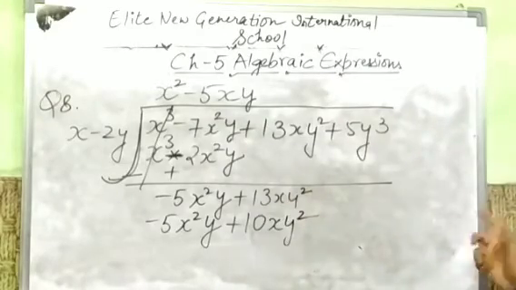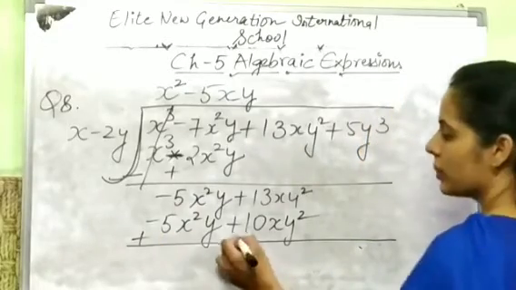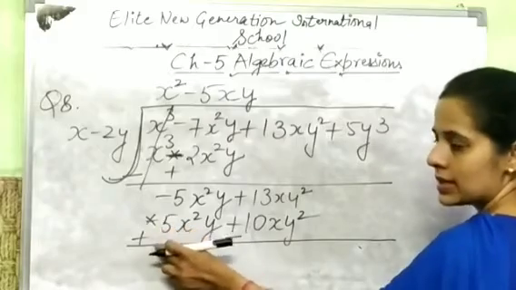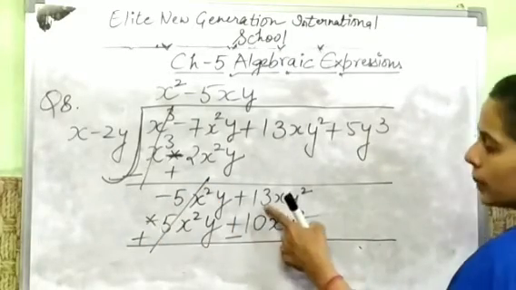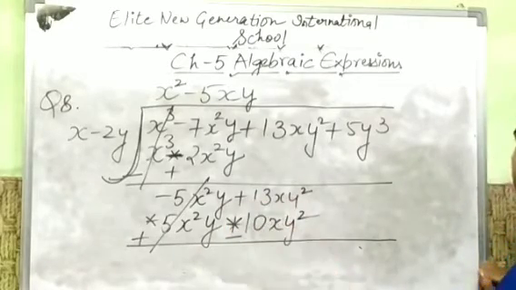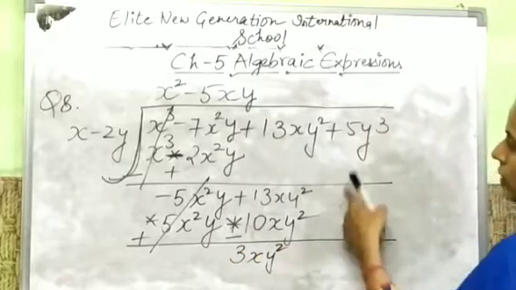Same term, perfect. Now it becomes positive, it becomes negative, so we can cancel out. But here plus 13 minus 10, we will get 3.